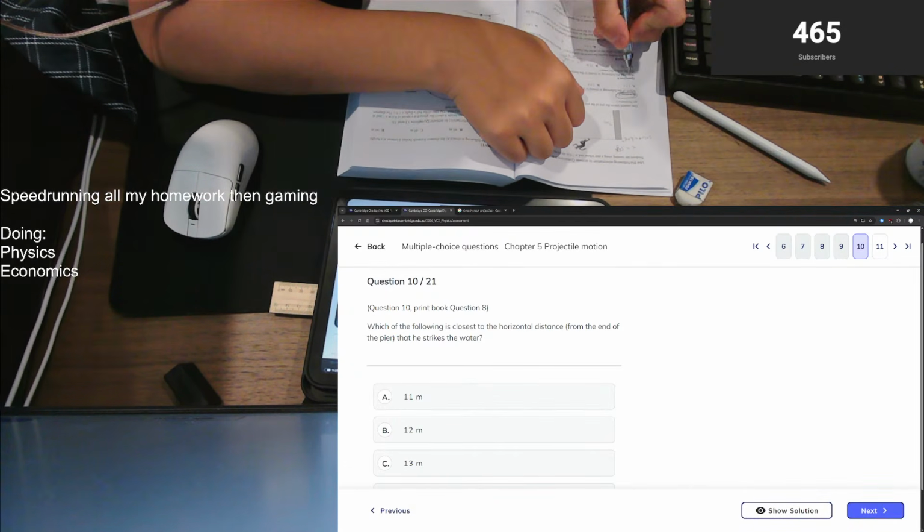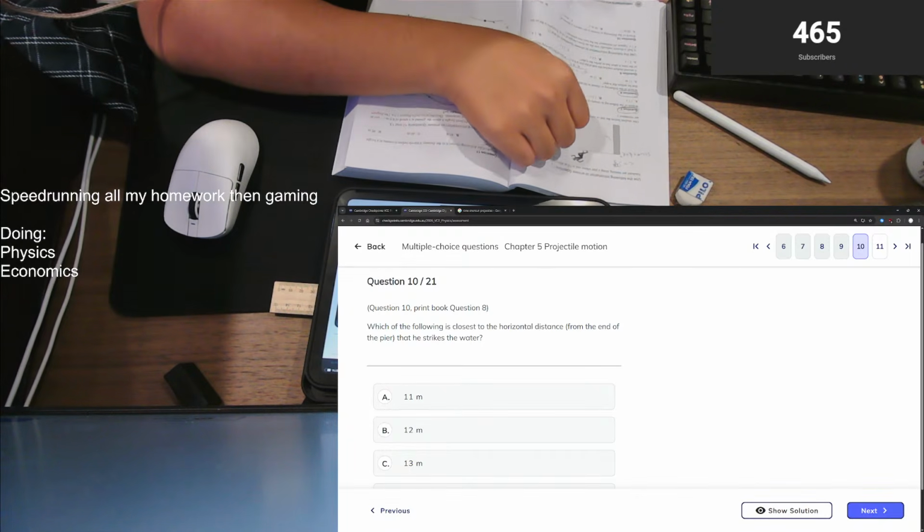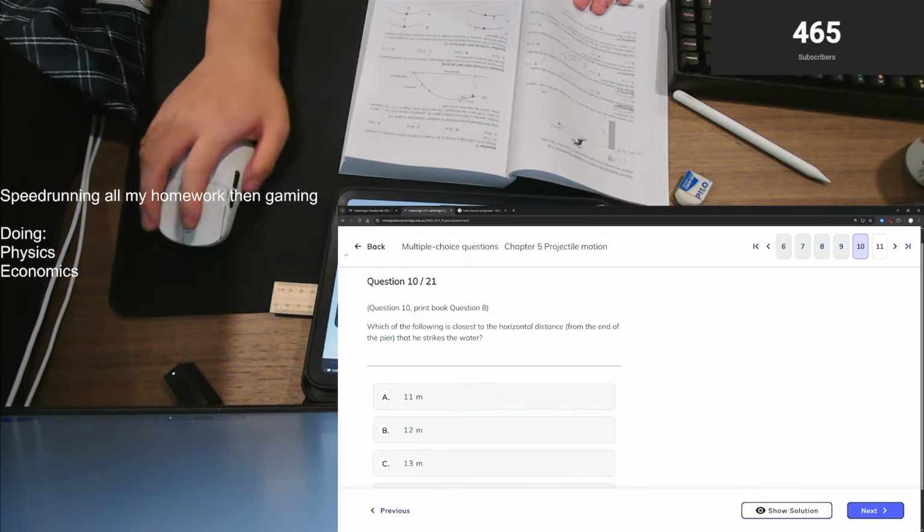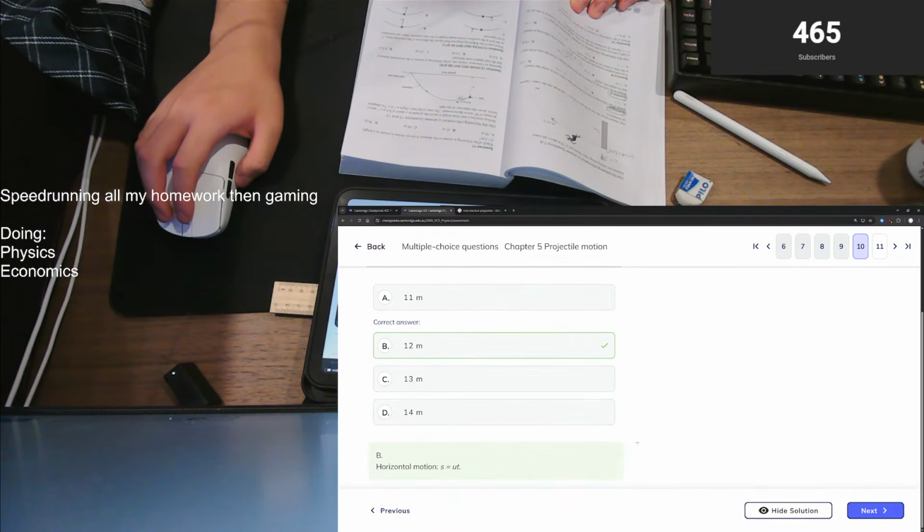Don't know how to do this question either. It's like in student way I can find the answer.